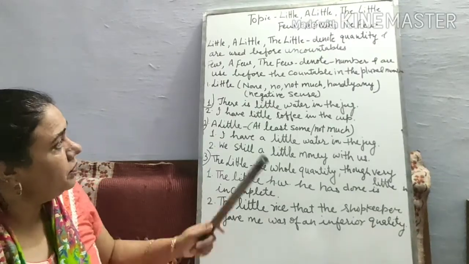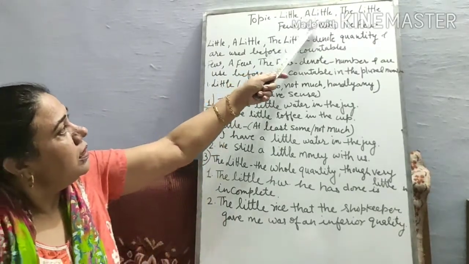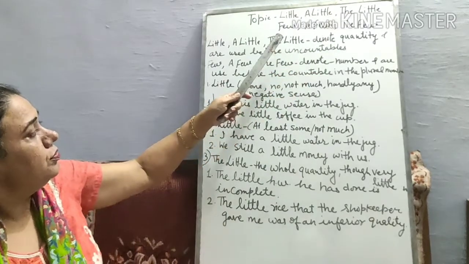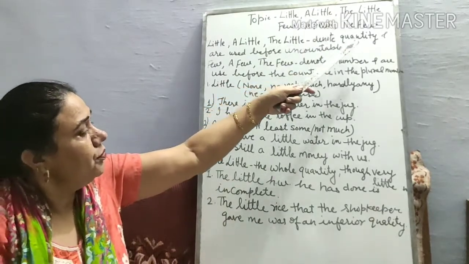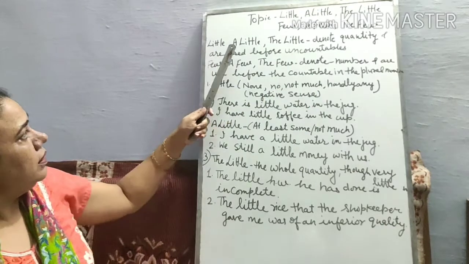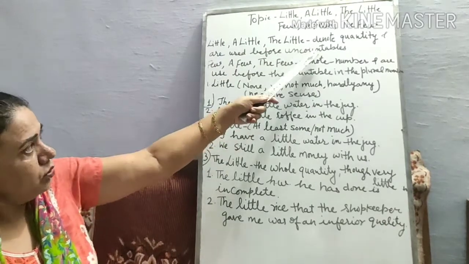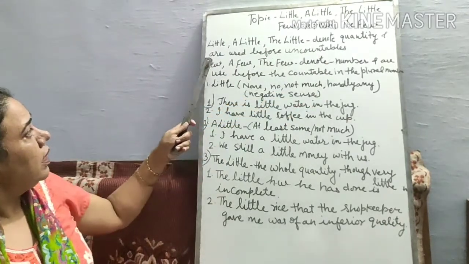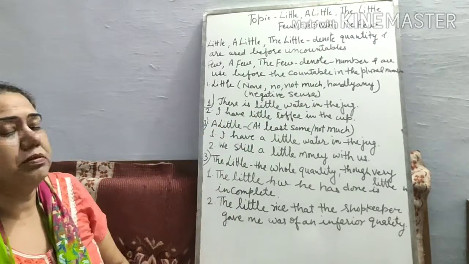Now the next topic: little, a little, the little, few, a few, the few. Little, a little, the little denote quantity and are used before uncountables.